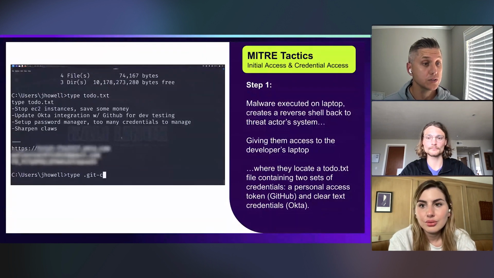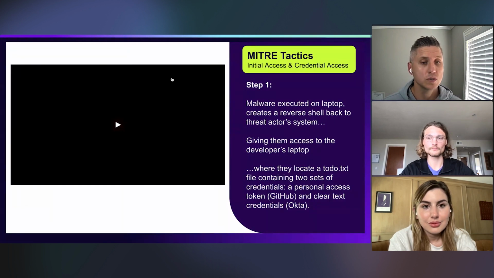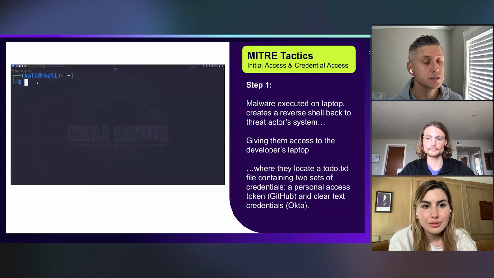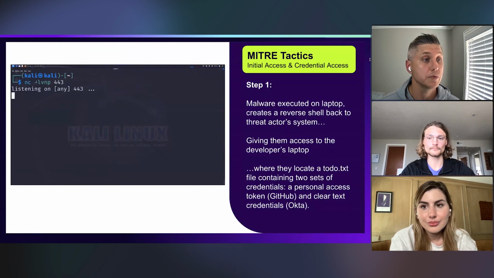The attacker then goes ahead, looks through a couple of files, trying to find credentials, and they find 2 sets of credentials. First is the GitHub personal access token, and second is the Okta clear text username and password.